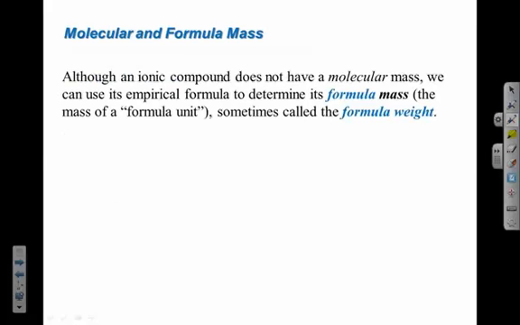We would use a more general term called formula mass. So formula mass includes molecular mass. Formula mass is the mass of a compound that includes molecules and it includes other compounds like ionic compounds that are not molecules. So for water, it's also its molecular mass.